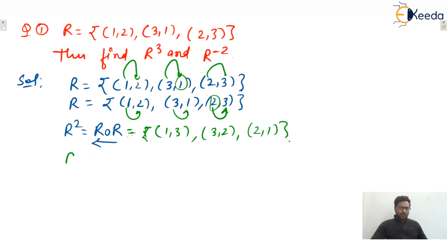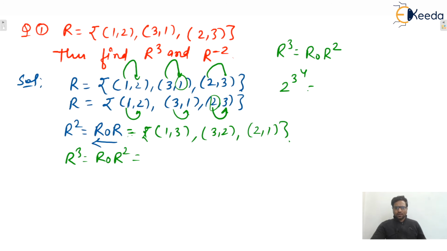Now what will be R cube? R cube will be R composition with R square. Remember this one. Why am I writing it like that? R cube is R composition with R square, because consider 2 raised to power 3 raised to power 4.